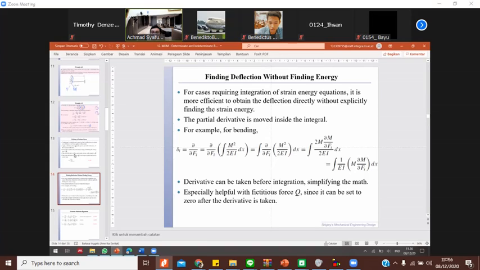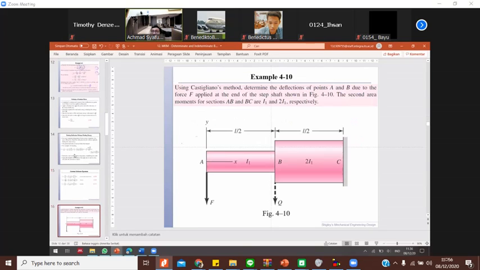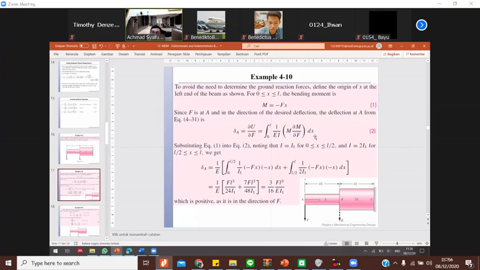Then the shortcut is we can move the partial derivative inside the integral. So the example we tried here is the shortcut method. This is why you see the equation like this one. Here we do not need to calculate strain energy, we just need to find the bending moment equation.